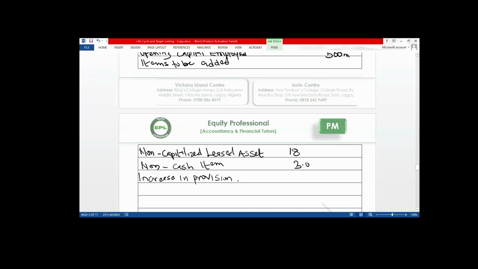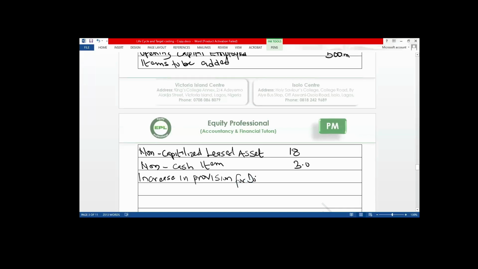Increase in provision to be added. Please look at that note number 3 or so. Examiner says the provision for doubtful debts is 2.5 million on the statement of financial position. Can we see that statement, please? Yes, sir. Can somebody read, please?